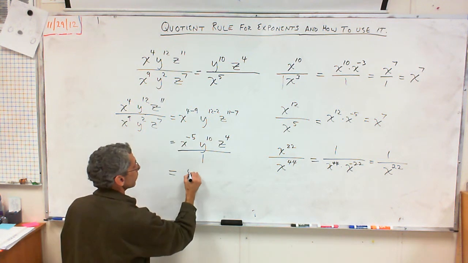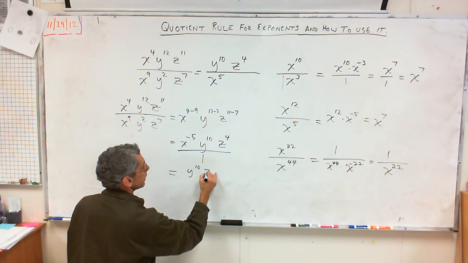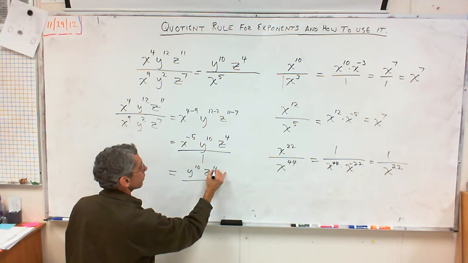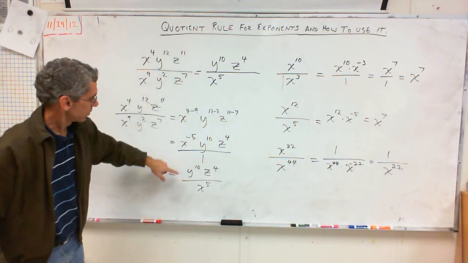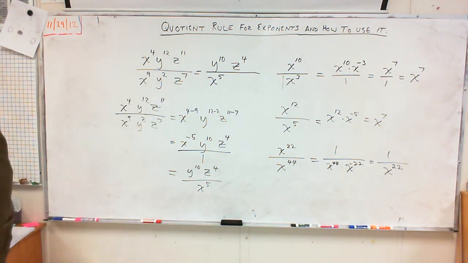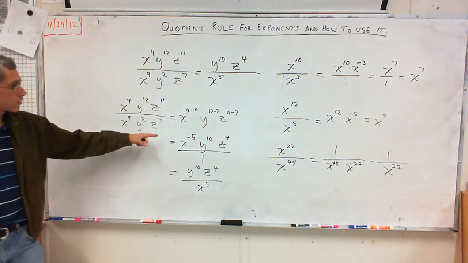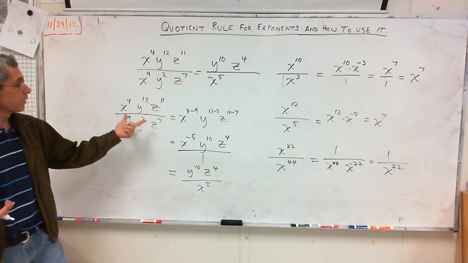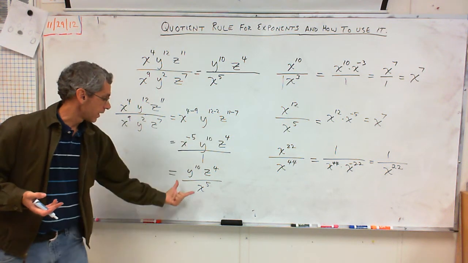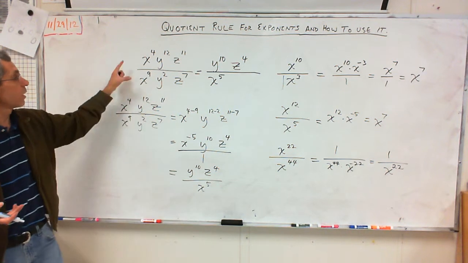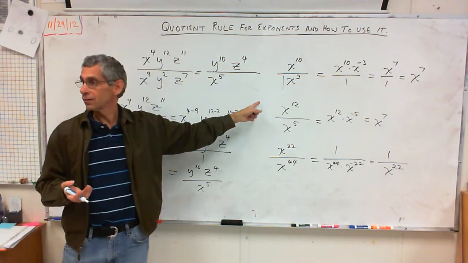So then my answer would be y to the 10th, z to the 4th, over x to the 5th. So I got the same answer. They both were relatively easy, but this one took 2 steps. I went from here to there, and then I had to bring it down to here. Here, I went from here immediately to the answer.